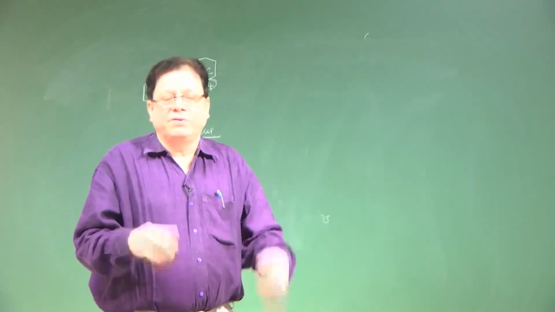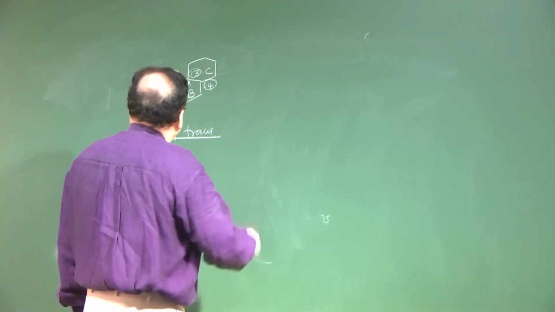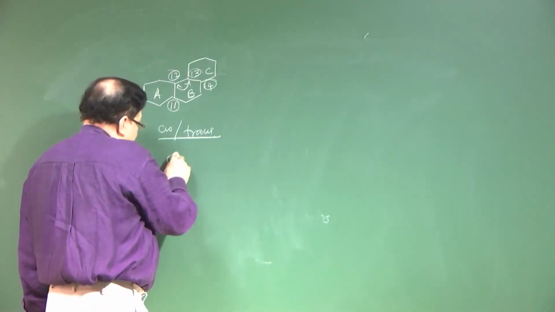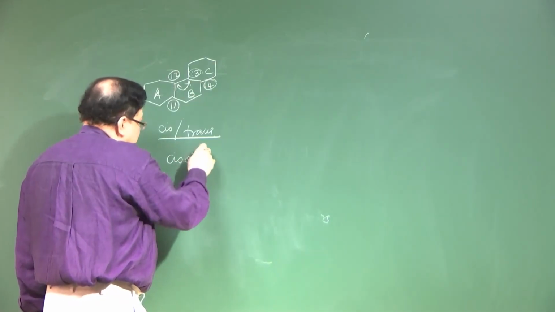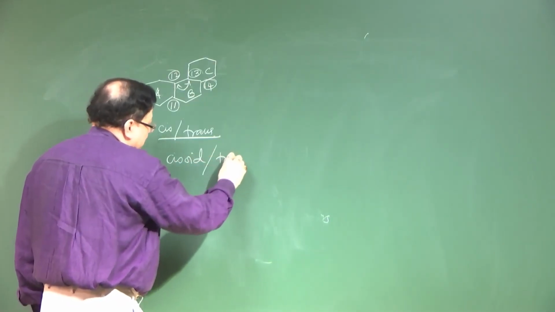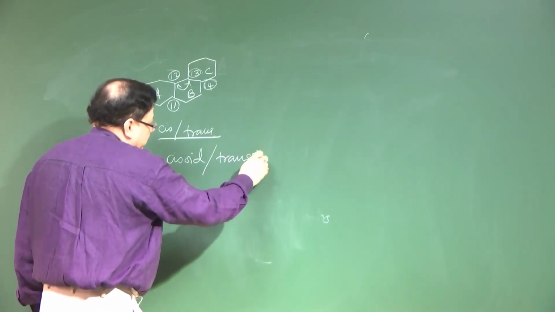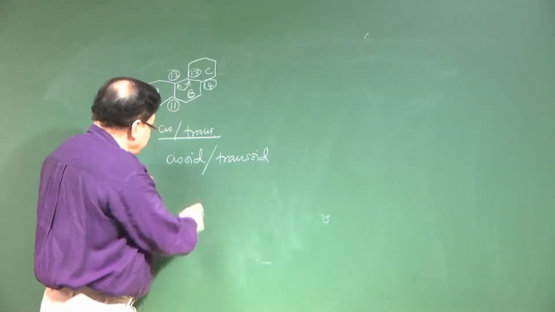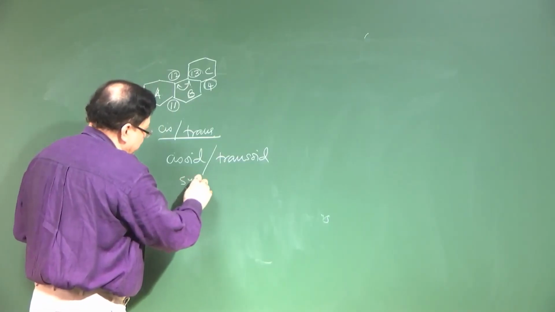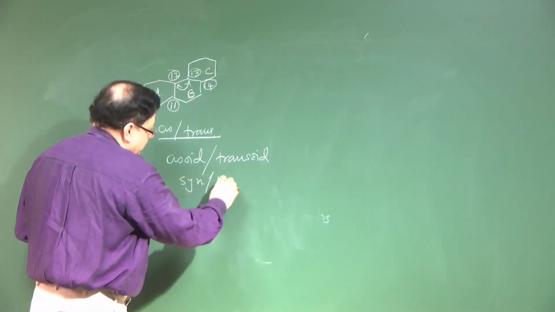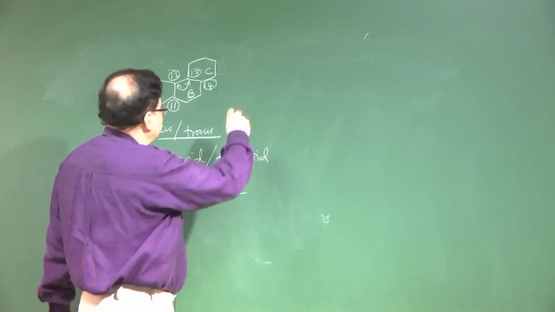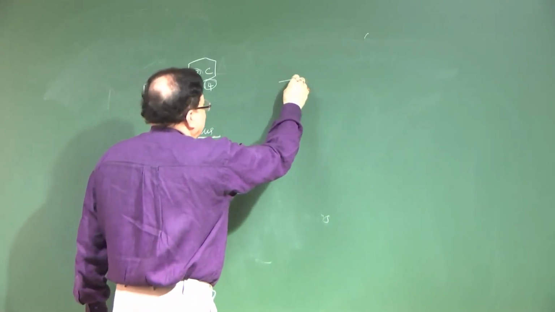They belong to different rings, and so their relationship is denoted by cissoid or transoid, or in our earlier nomenclature system, they can be called syn and anti, okay, syn or anti.